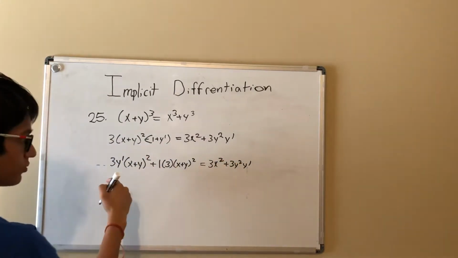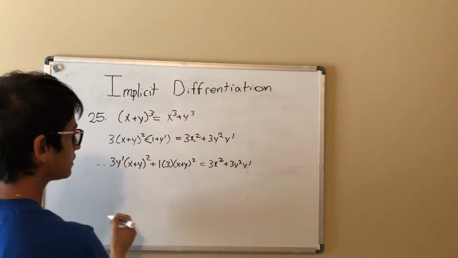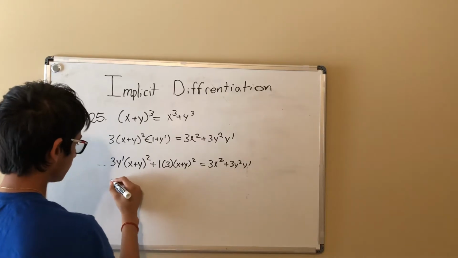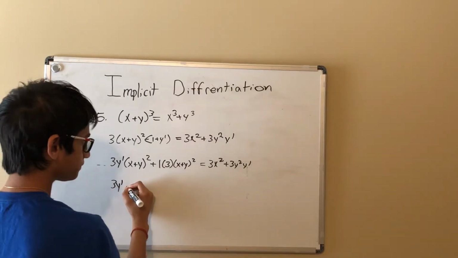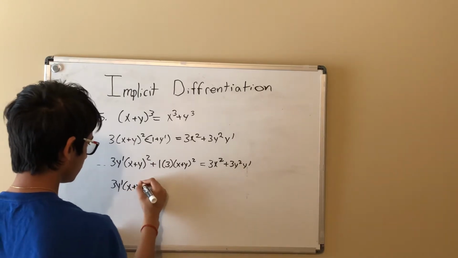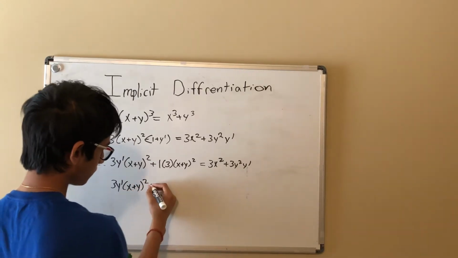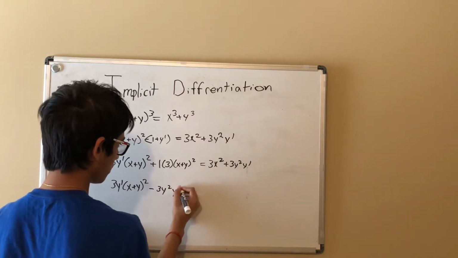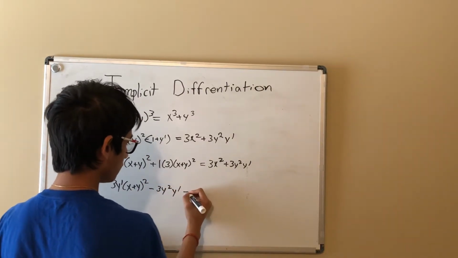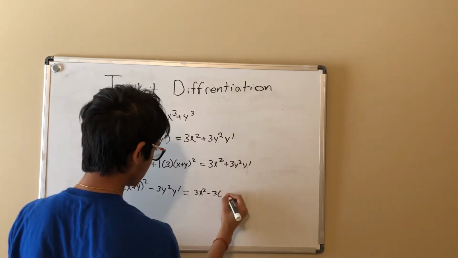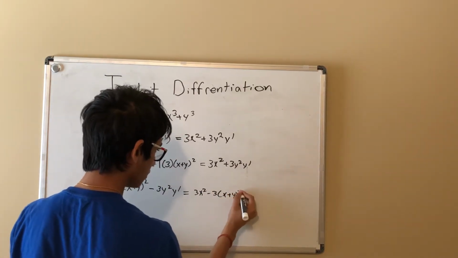So get all the y primes on one side and then all the non-y primes on the other side, right? So then you get 3y prime times (x plus y) squared minus 3y squared y prime equals 3x squared minus 3 times (x plus y) squared.